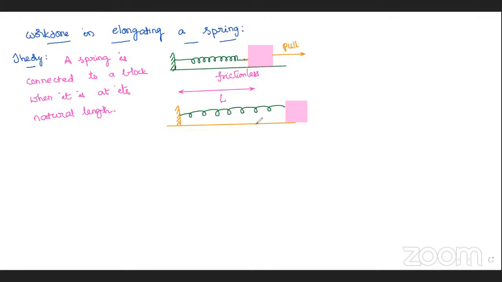Elongate means, look, up to here it is the natural length, from there to here. This is the natural length of the spring, capital L. From here to there, I say it is the elongation.